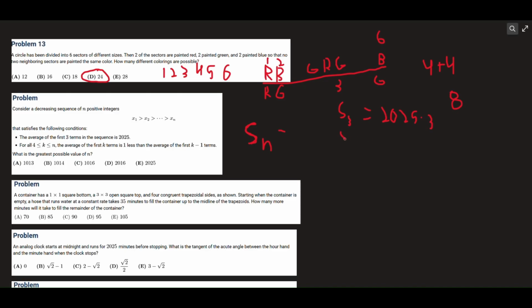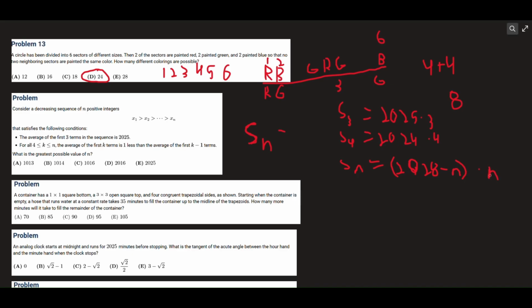And we know that S of 4 is 2024 times 4. And we can go on letting S of n equal 2028 minus n, times n.